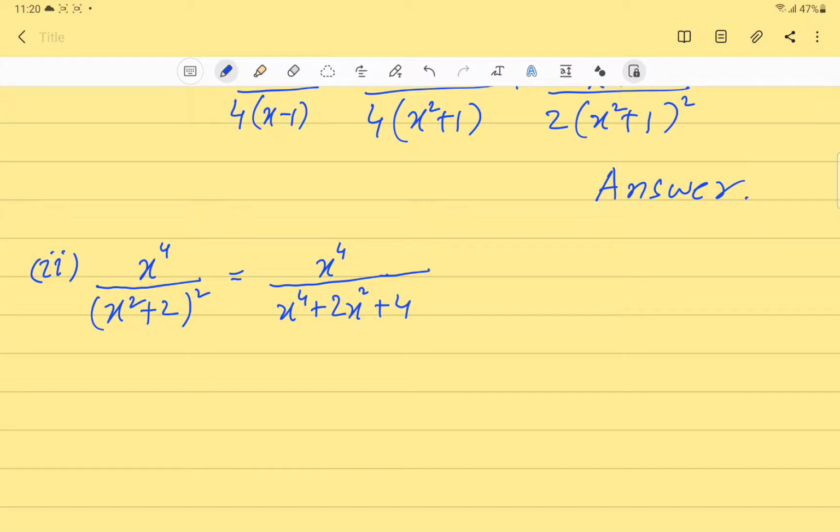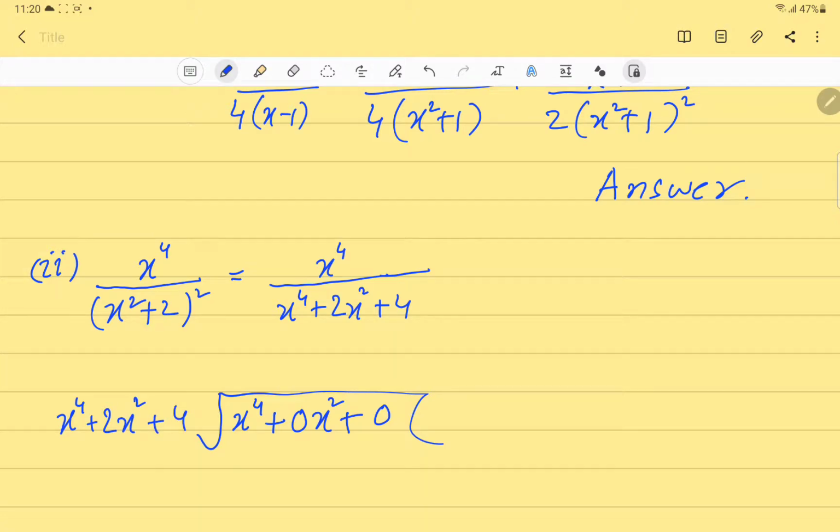Let's divide it. We'll divide x^4 by the denominator. We will be writing x^4. Since we don't have any x squared value, we'll write 0, and we don't have any constant, so we'll write 0. And now we will write here x^4 plus 4x squared plus 4.